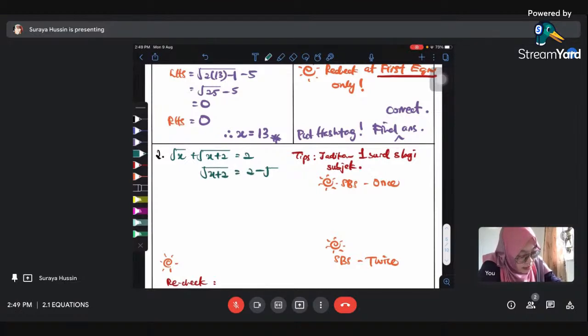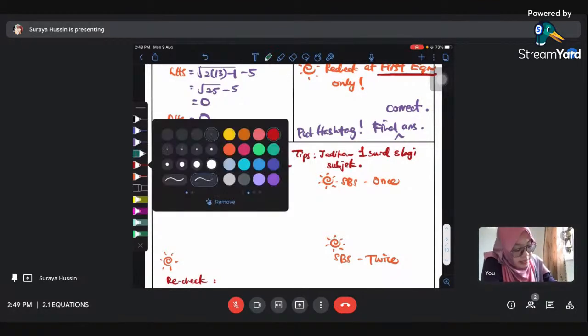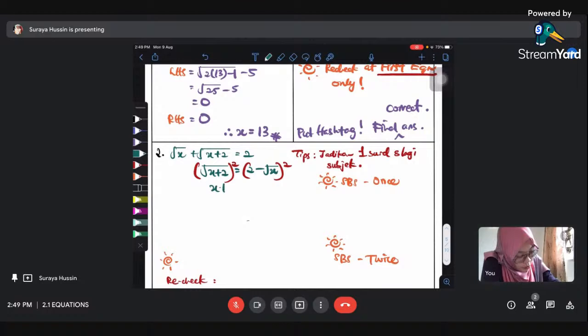And here I move it to the right. Square root x, saya bring it to the right by minus it. And here is the SBS number 1. Square both sides. SBS adalah squaring both sides, ya. Square both sides. And then x plus 2.